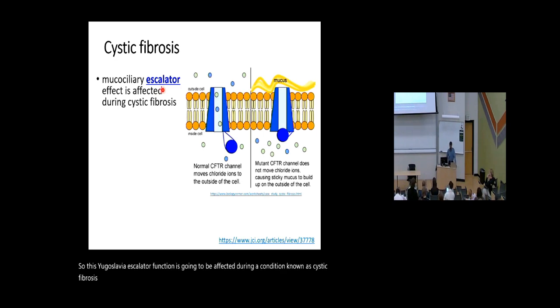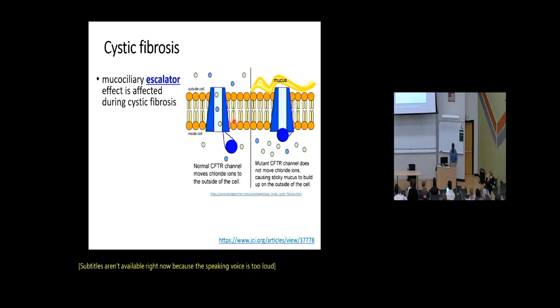Now, the mechanism of cystic fibrosis is pretty complex, but I just want to explain a couple of things in a simplified manner. If you notice this figure here, there are these channels known as CFTR channels, and the purpose of these channels is to help in the transport of chloride ions.